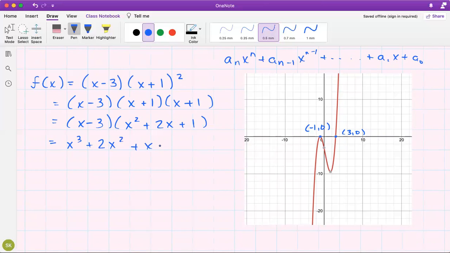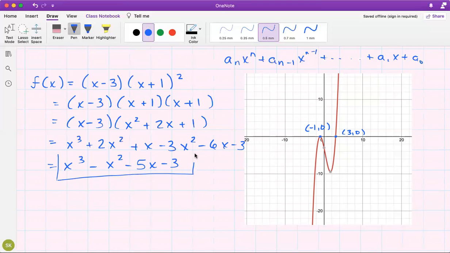And then distribute the negative 3. And just combine like terms. Now I did that pretty fast, but I think this is what you'll get if you expand this. So I'm going to erase all of this.